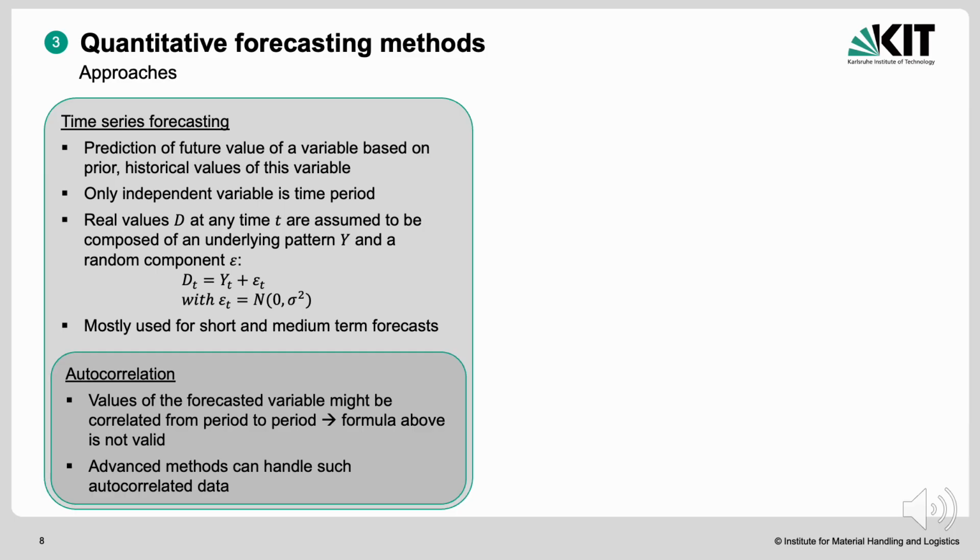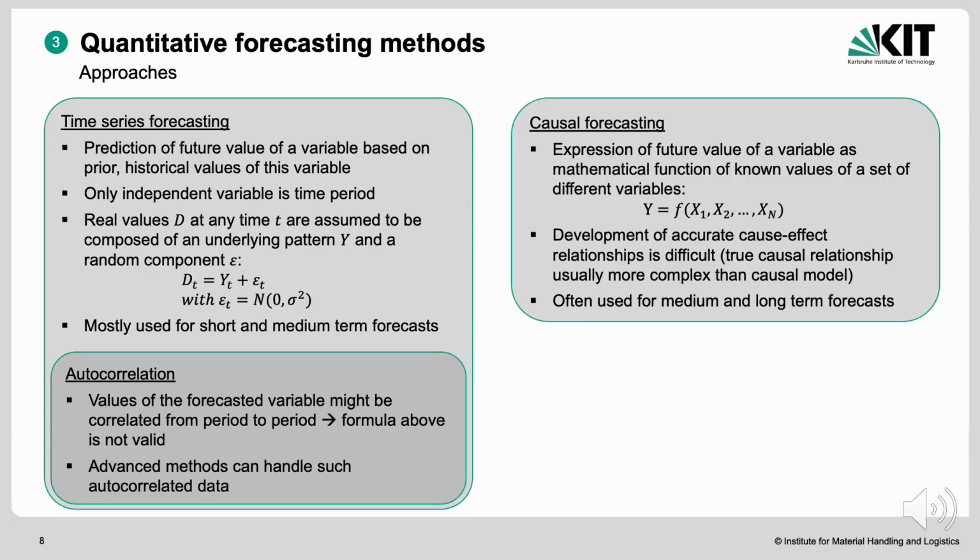For instance, if you go out and buy food, then I might be going out today or tomorrow, but not every day. More advanced methods are able to handle such autocorrelated models, like ARMA, and try to include additional variables.